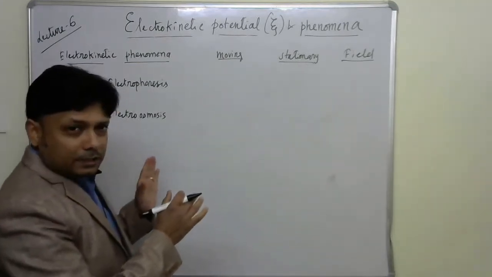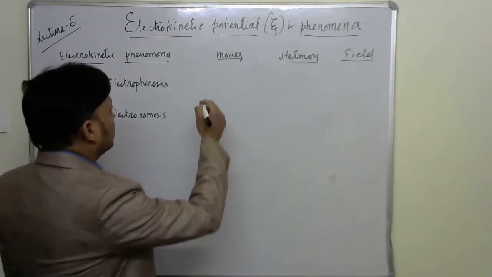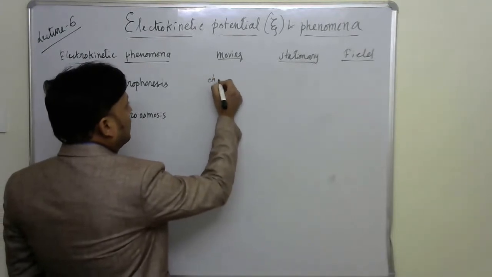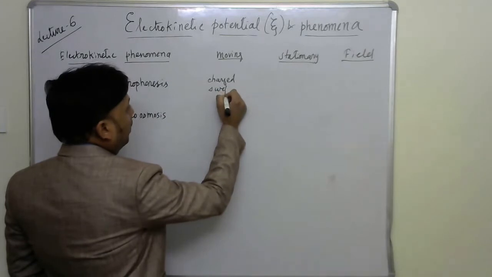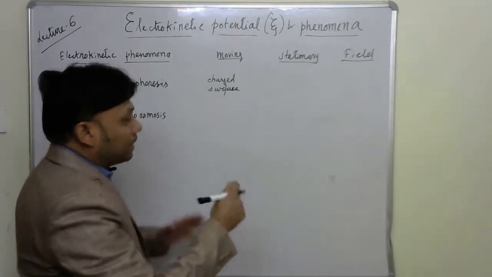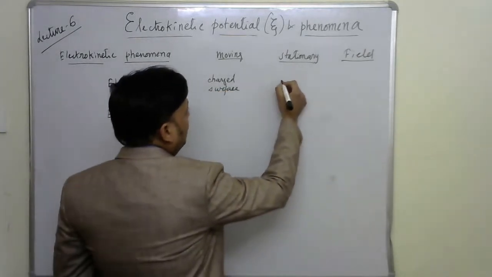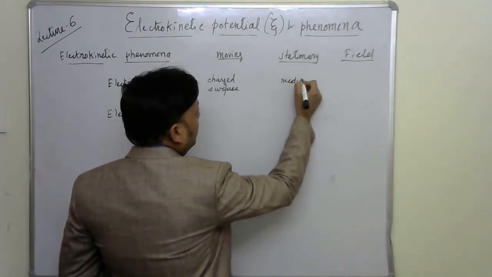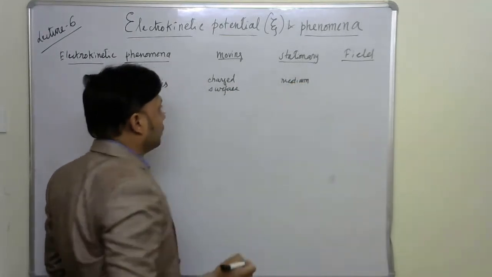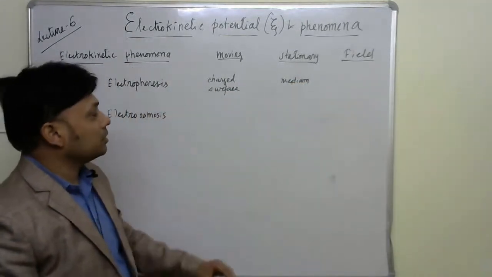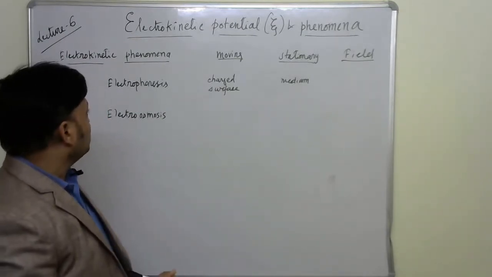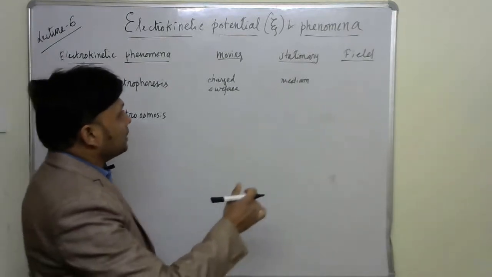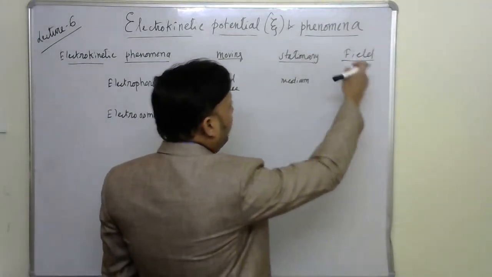In electrophoresis, the moving substance is the charged surface, or the charged particle, relative to the medium, that is the liquid, which remains stationary with respect to this charged surface. And this happens under an applied electric field.